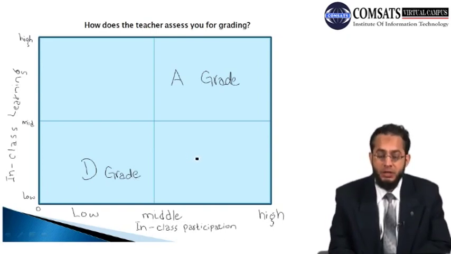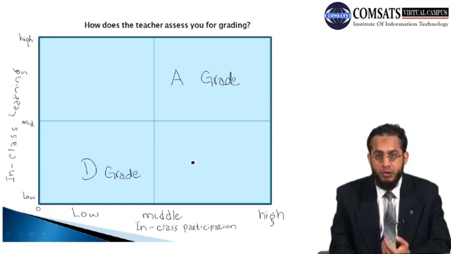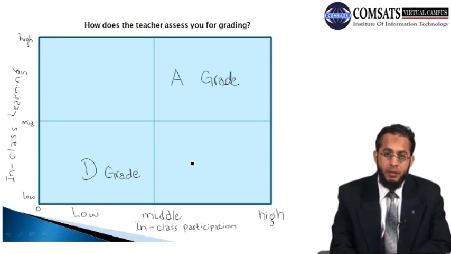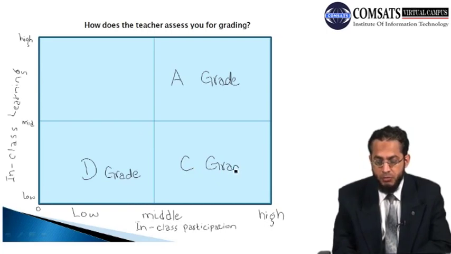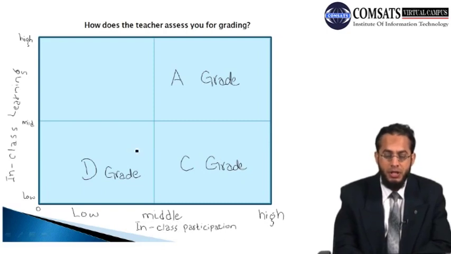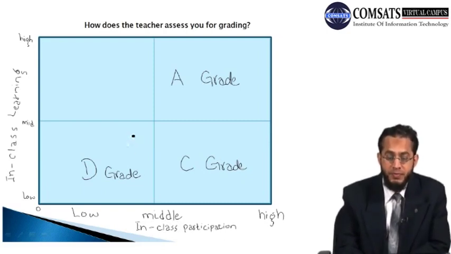So I would consider those students as learning to apply more concepts. So I would consider them for a C grade. Obviously, their learning is a little low and their participation is a little more, but learning is more important. If you don't learn, then how are you going to apply those concepts?